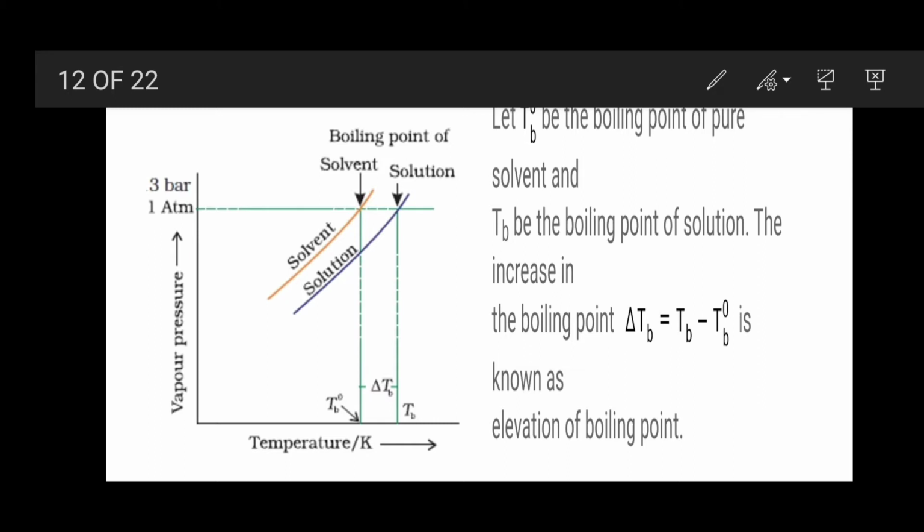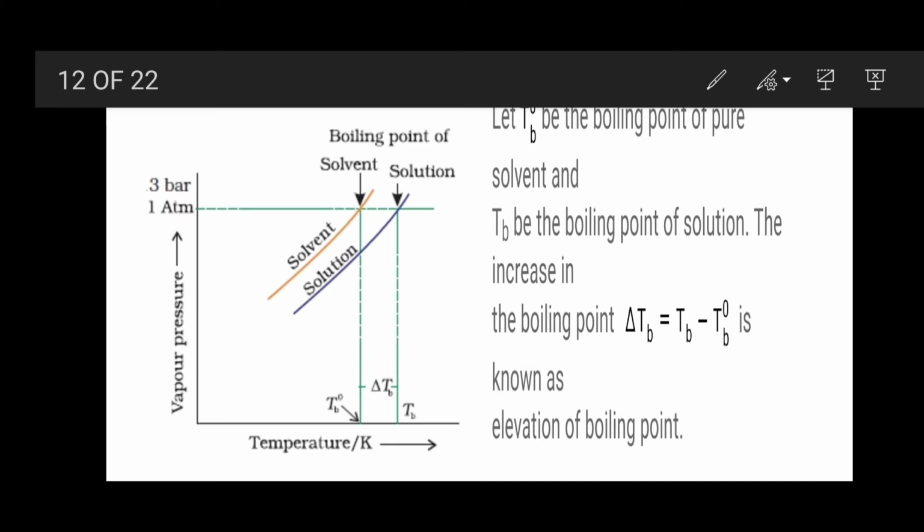The temperature increases automatically. This is the graph of the solution. So T0B is the pure solvent boiling point. TB is the boiling point of the solution after adding non-volatile solute particles.